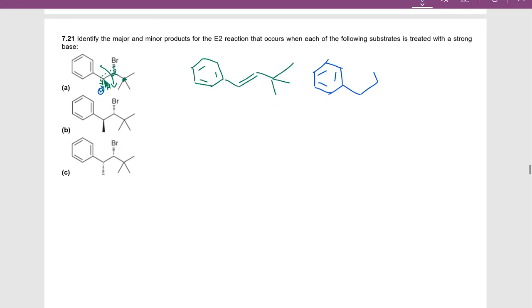Now I rotate about that bond. So now the bromine is coming out at me. The hydrogens didn't move. So now the hydrogen that's going back is going to be eliminated and the bromine is coming out, okay? And so that's going to give me this product, this stereoisomer.